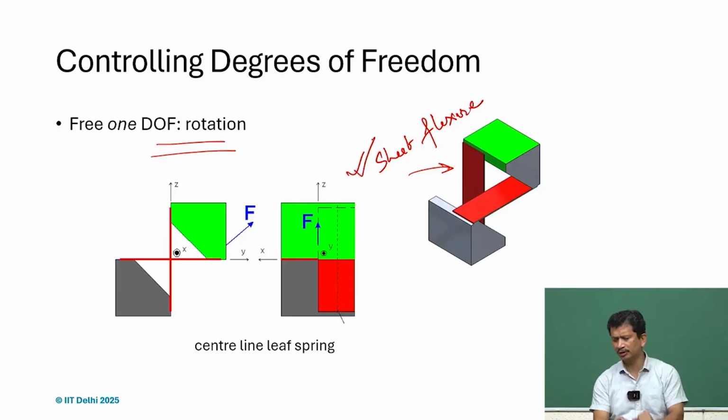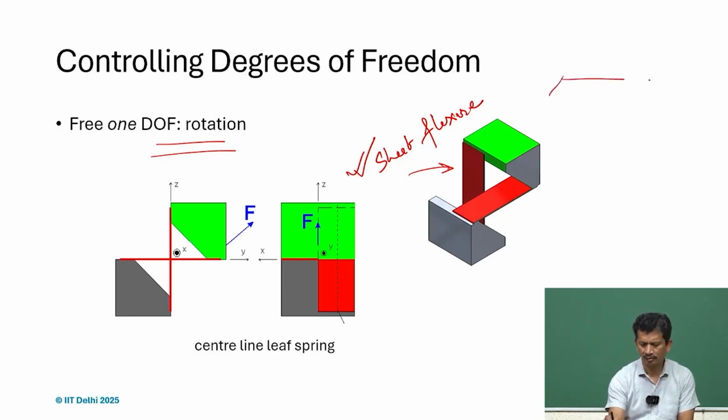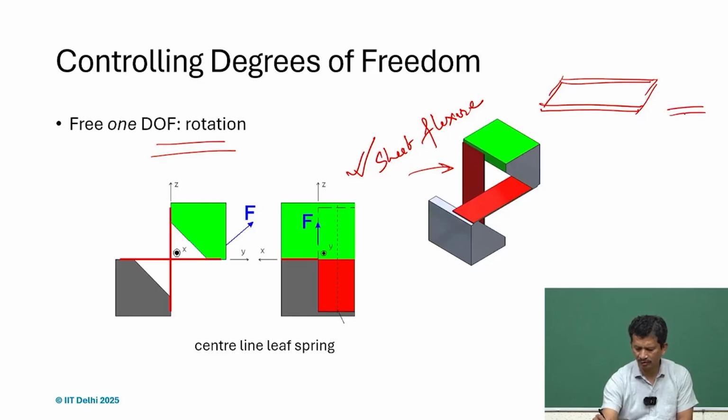So, it is just a plain sheet where the thickness is very small compared to the other dimensions. This is the thickness we are talking about, the T. T is really small compared to the length, and this is the width.